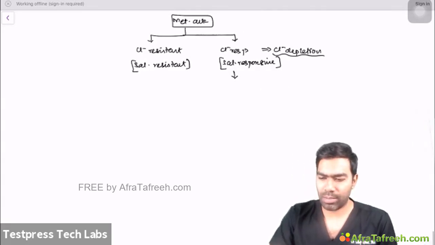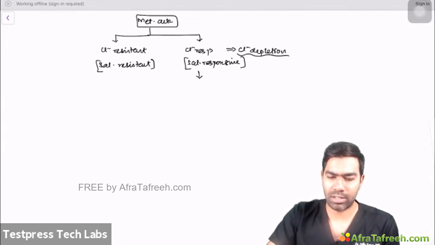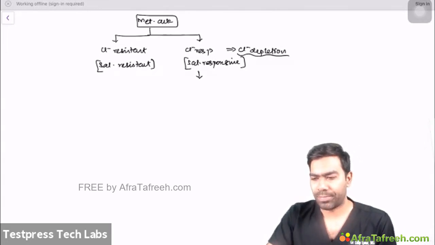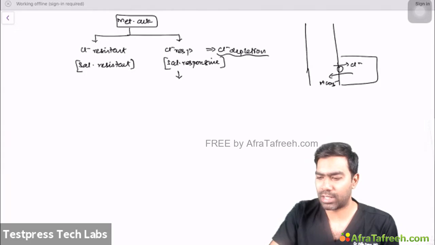What I'm trying to tell is that these patients have alkalosis because of chloride depletion, and we know there is one important entity here, the chloride bicarbonate exchanger present in the distal part of the nephron.